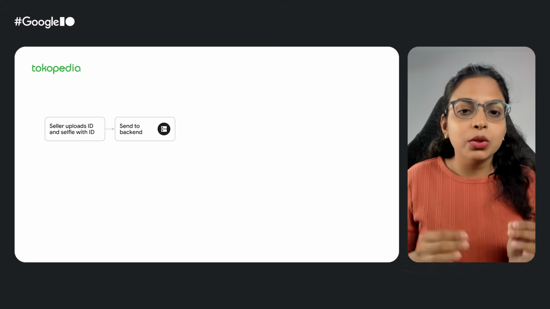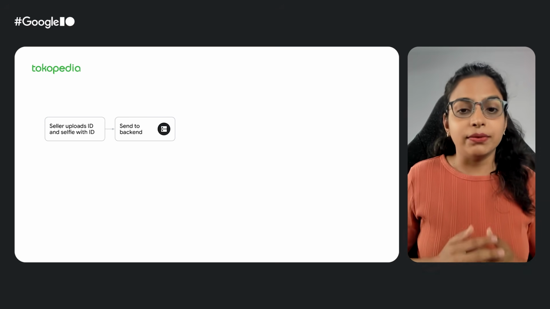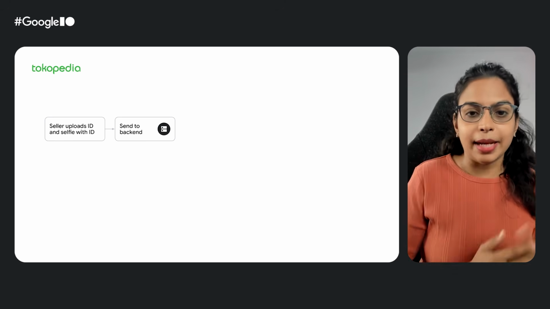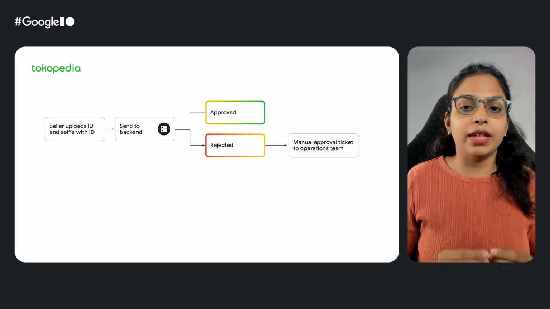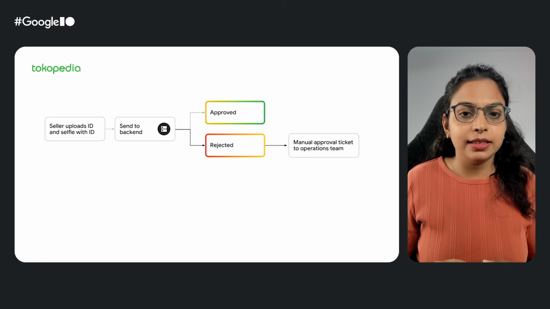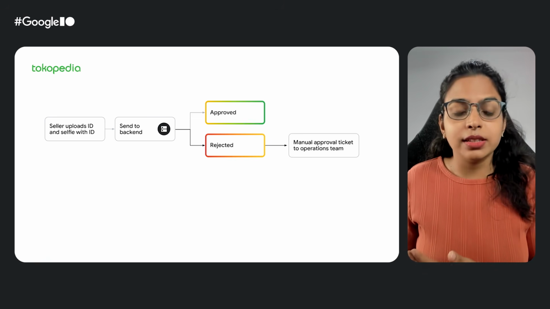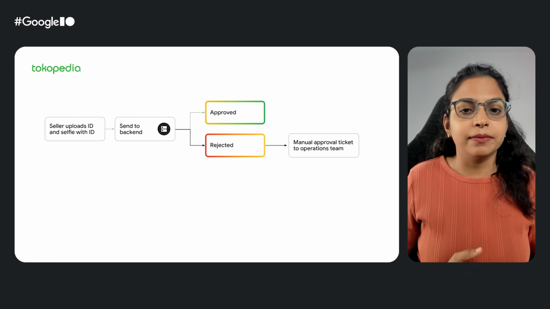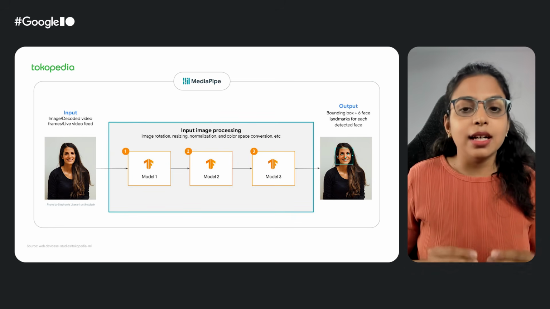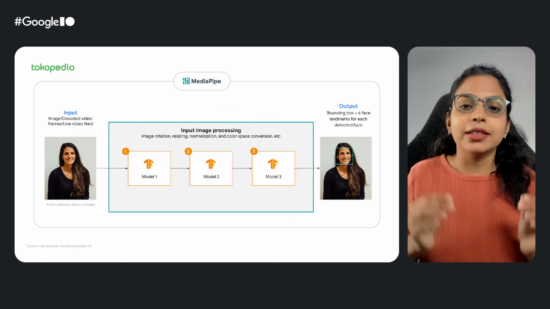However, most sellers did not upload their photos correctly in the first step, causing the verification data to be rejected. This created thousands of tickets per week to the operations team for manual verification. Tokopedia was keen to solve this problem using ML.